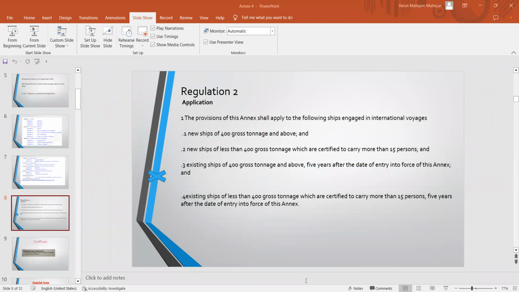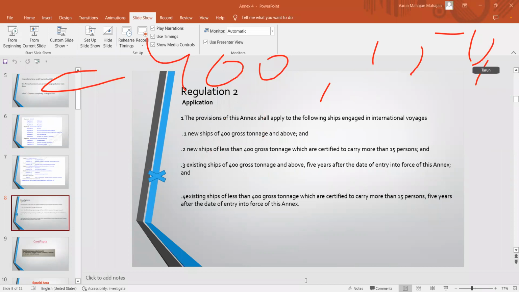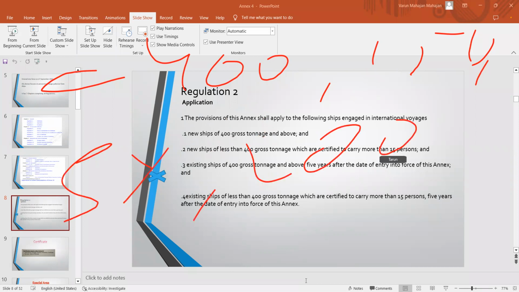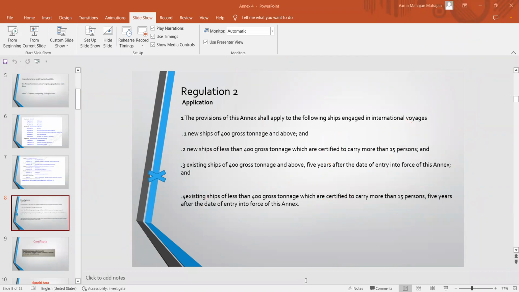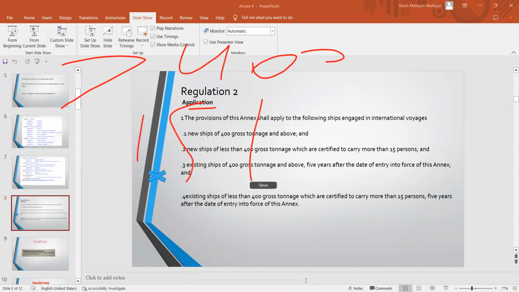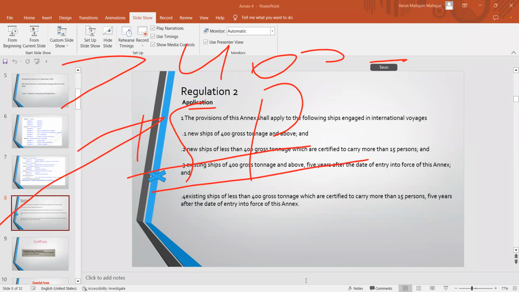Again, an existing ship less than 400 GT but certified to carry more than 15%, after the 5 years, that is 2008, has to follow this particular annex. Understood? So broadly, all ships which are more than 400 GT or which can carry more than 15% on board have to comply with MARPOL Annex 4.